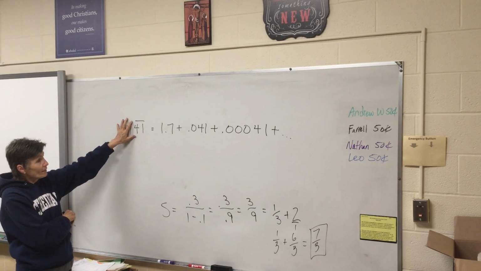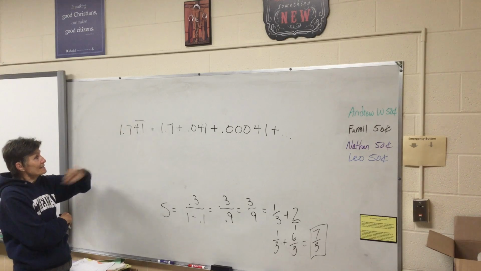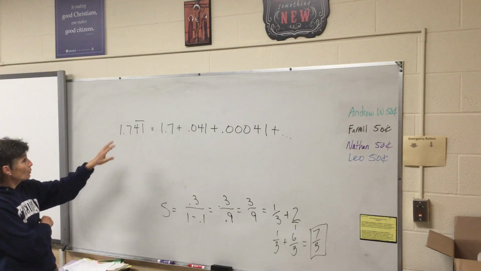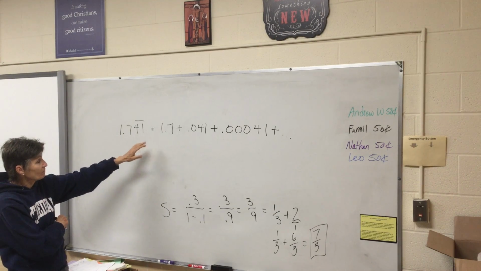The 1.7 is not part of the repeating decimal. The repeating part starts with the 41.